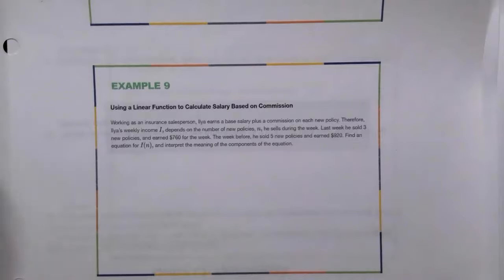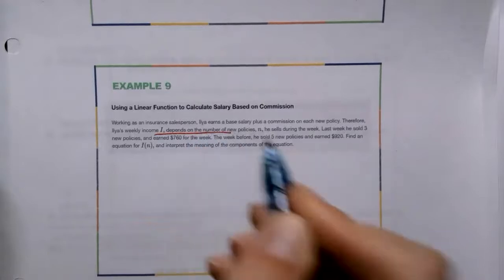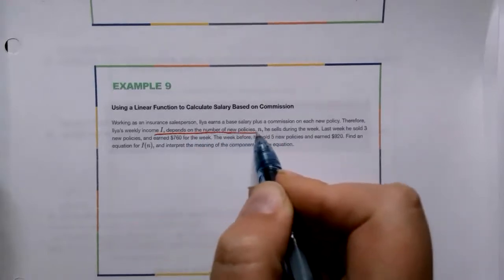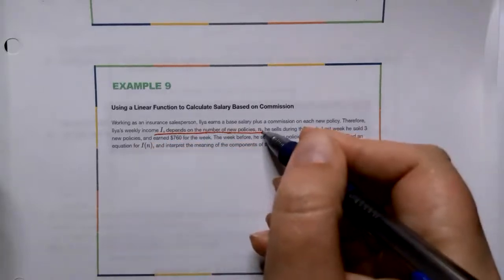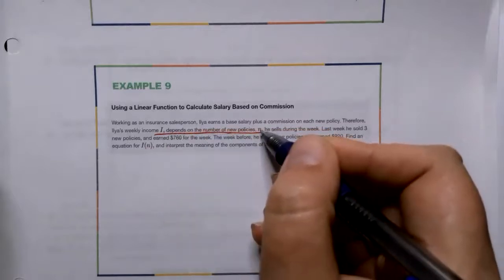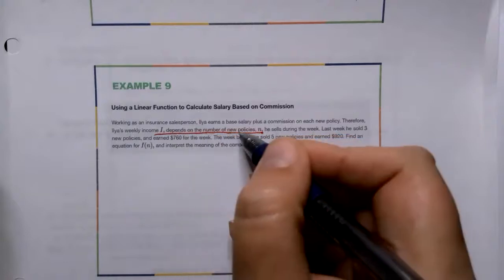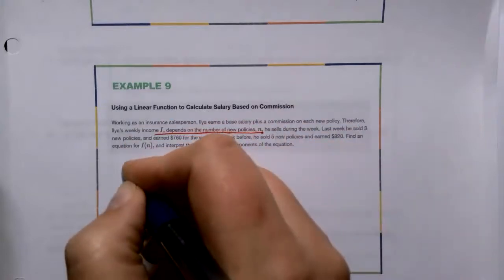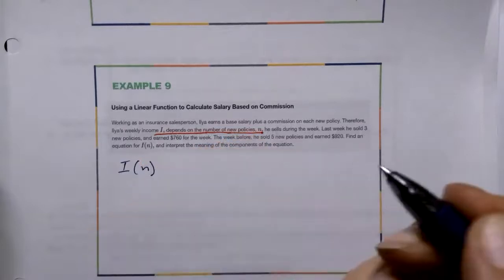So here's an example of when they give you the independent and the dependent variables straight out, your input and your output. This phrase tells you that your input value is n and your output value is I. n is your independent variable and I is your dependent variable because it depends on n, right? So your function is going to be I of n.